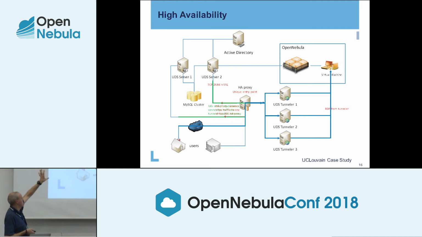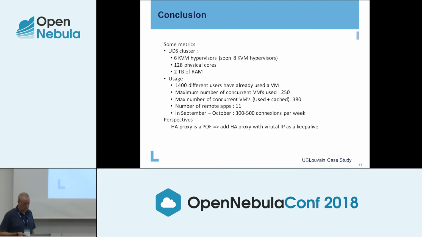It knows which server is the most available, and then when the authentication is done, it chooses again which tunneler it will use, and then again the connection is the same. The only difference is that everything is passing through this proxy. So this proxy is also a point of failure, but we intend next year to add another proxy to be sure that if one falls, the other will retake the connection.